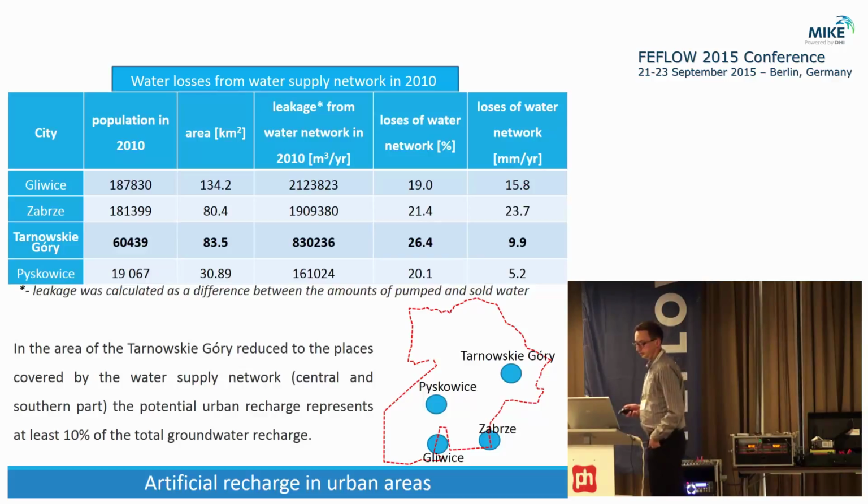What's also important, when we take into consideration that the water network in Tarnowskie Góry is reduced only to the center, the southern part, we can estimate that at least 10% of the total groundwater recharge in this area is caused by leakage from this water network.